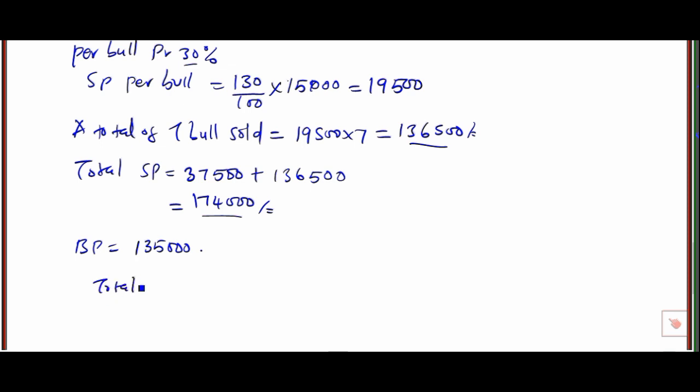So total profit now becomes the difference between the two values. You just take 174,000 minus 135,000, which gives you a profit of 39,000 Kenya shillings.